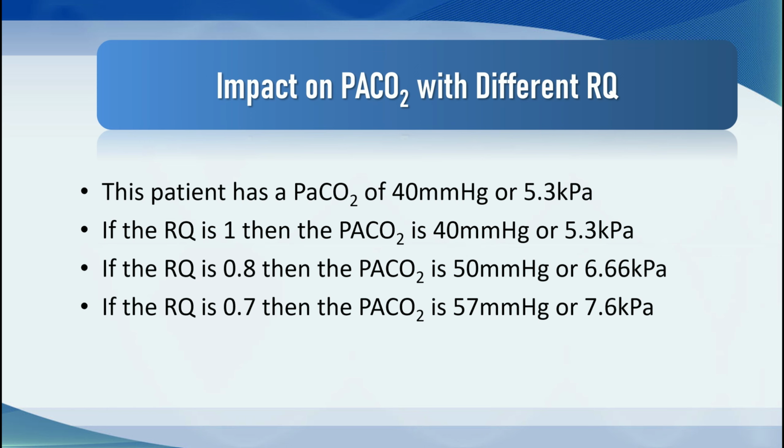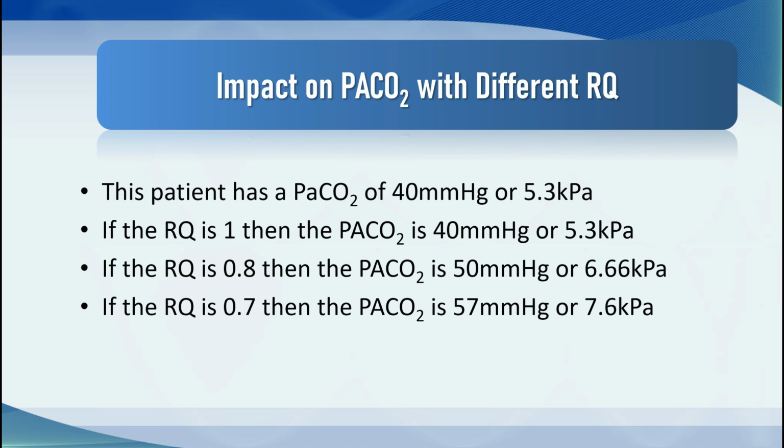Let's look at the impact on alveolar CO2 with different respiratory quotients. This patient has a PaCO2 of 40 millimeters of mercury, or 5.3 kilopascals. If the respiratory quotient is 1, the alveolar CO2 is 40 millimeters of mercury, or 5.3.